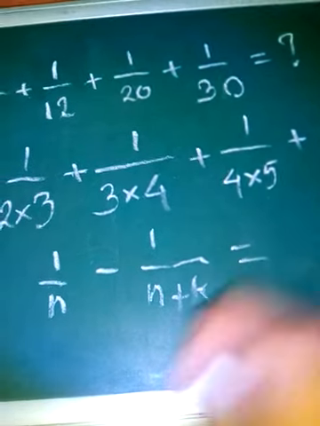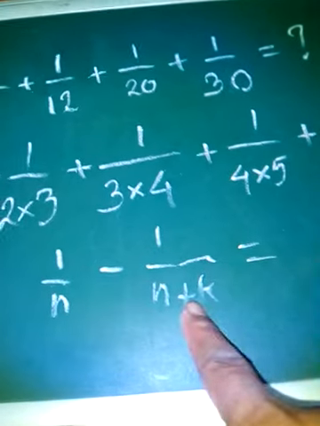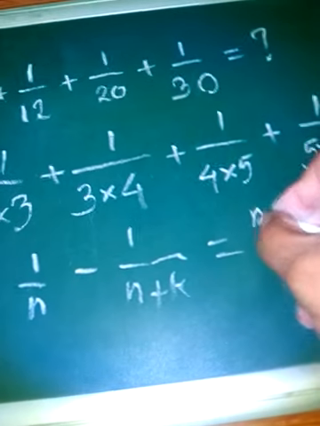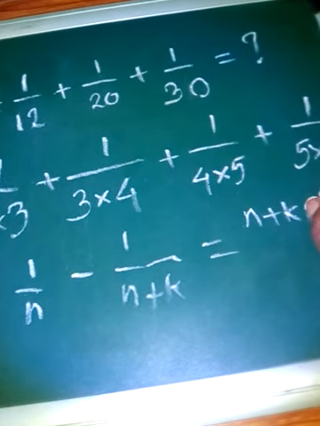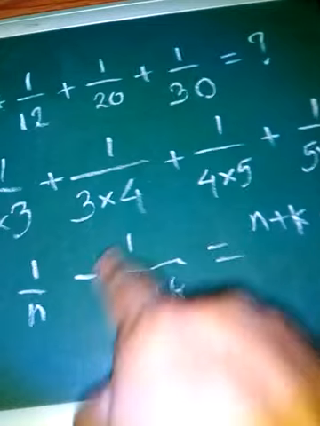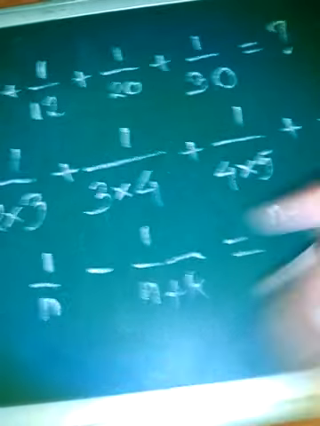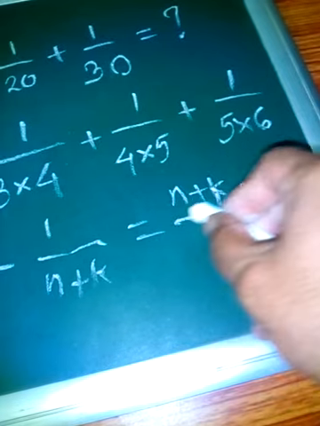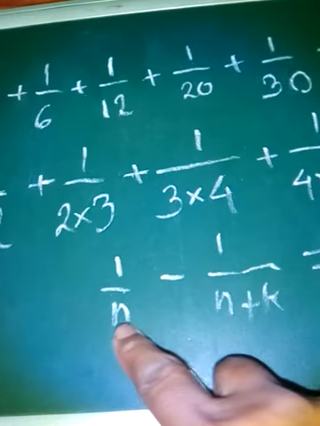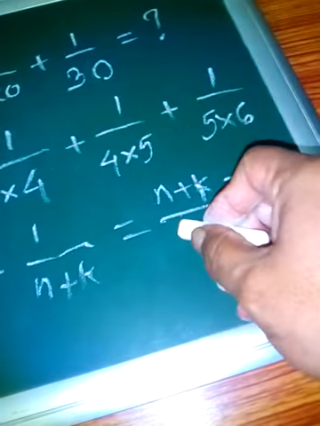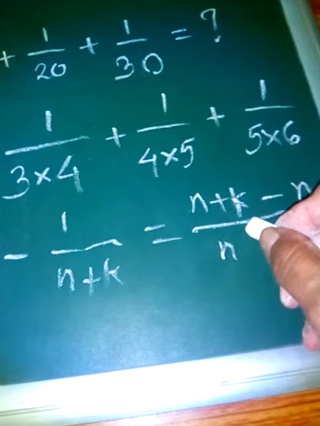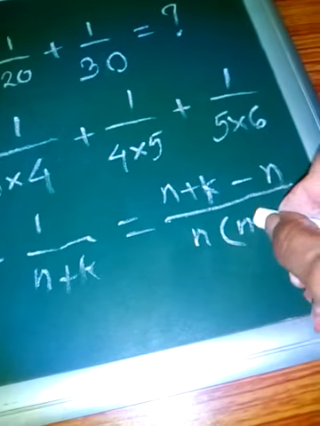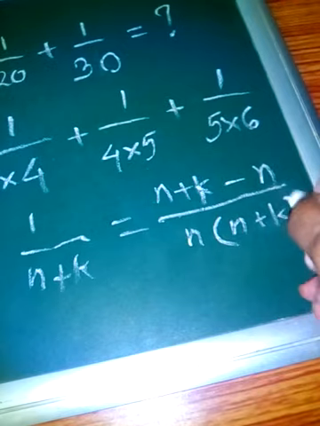This 1 into n plus k becomes n plus k, minus this 1 into n becomes n, upon the product of these two, n into n plus k.